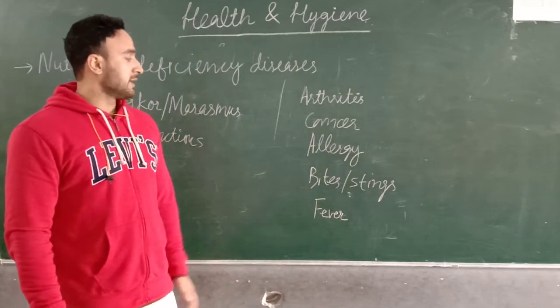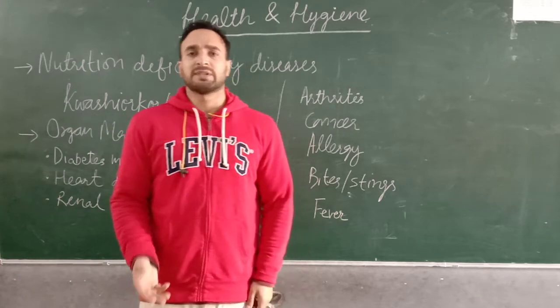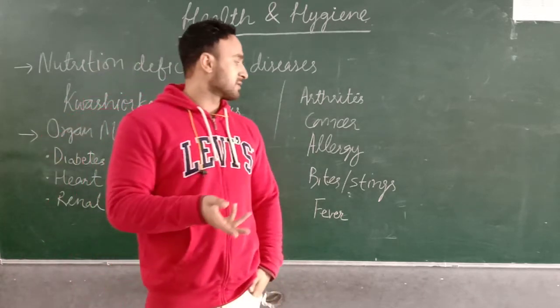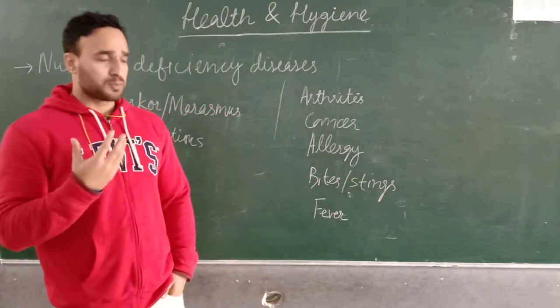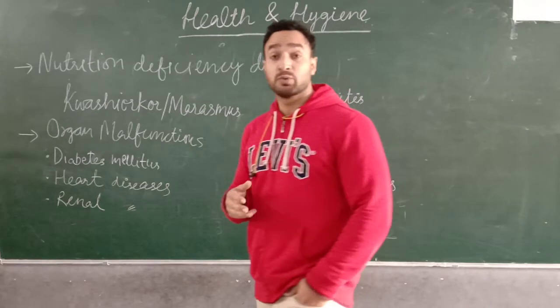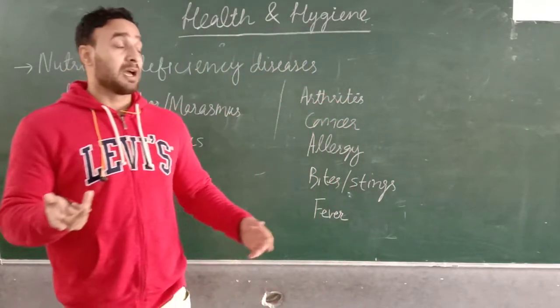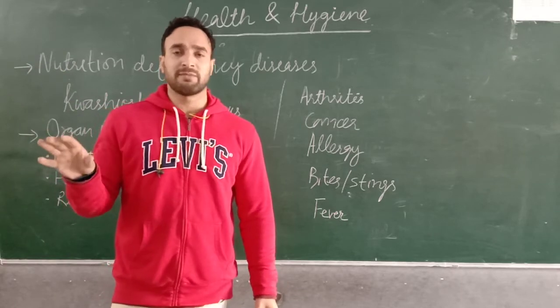Okay. And thereafter are the bites and stings. Bites from, say, insects or snakes, or stings from the bees, etc. They also tend to produce a response from the human body, which may prove fatal sometimes. Suppose a bite by a snake which contains venom. Snakes contain venom in their bites.